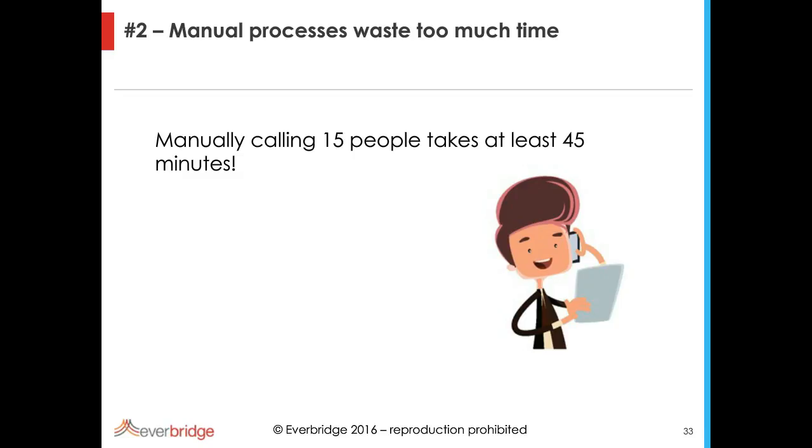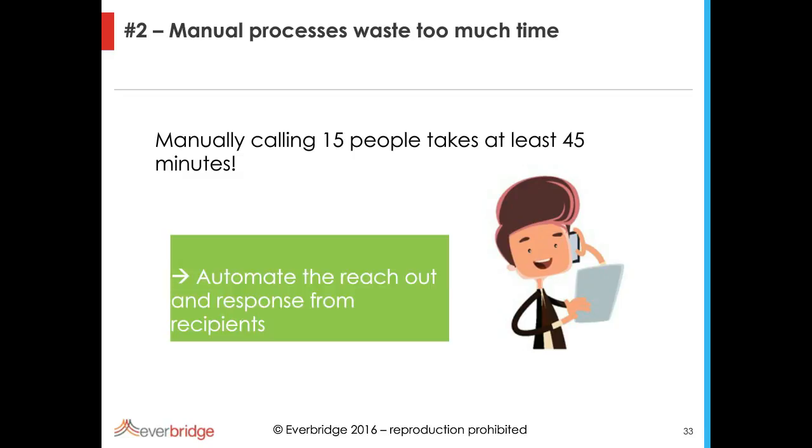If you're trying to reach out to everybody manually, it's going to take too much time. And again, during major incidents, every minute counts, and every minute is going to translate into loss of revenue for your company or loss of productivity for employees. So every minute counts.